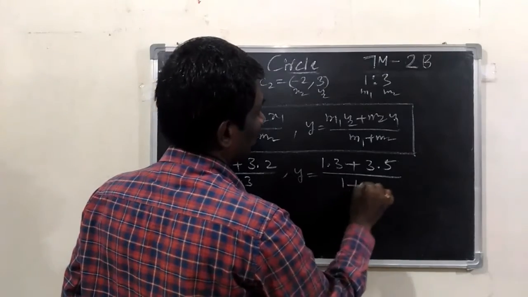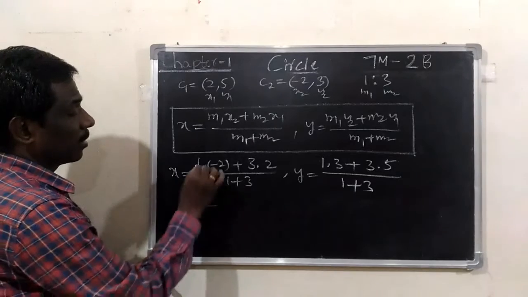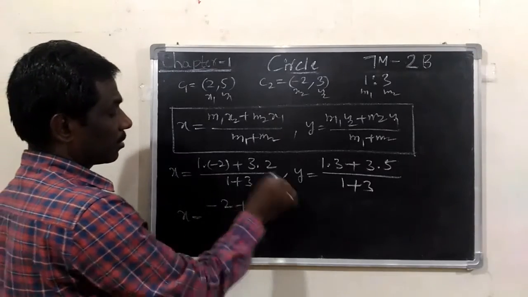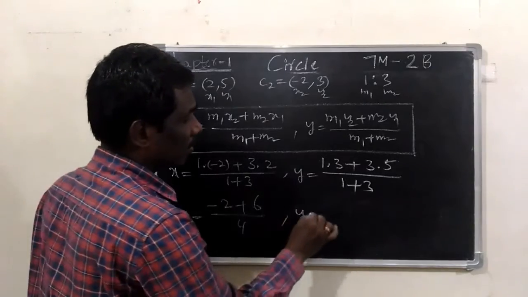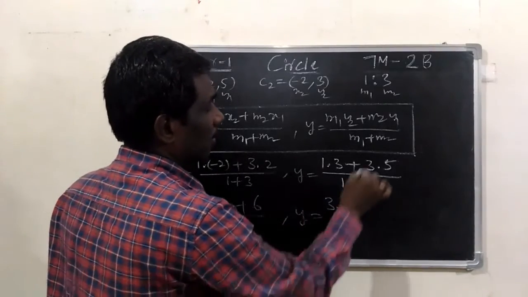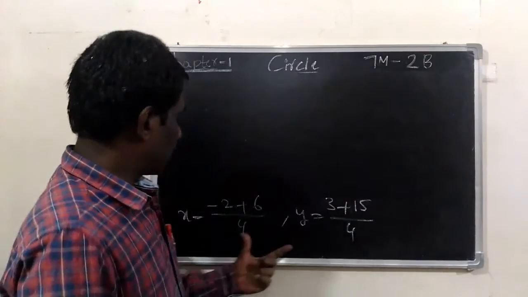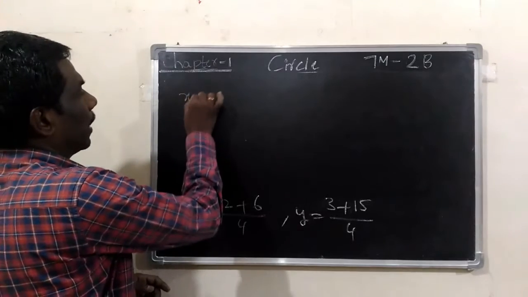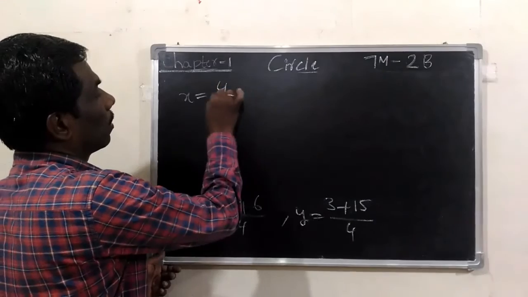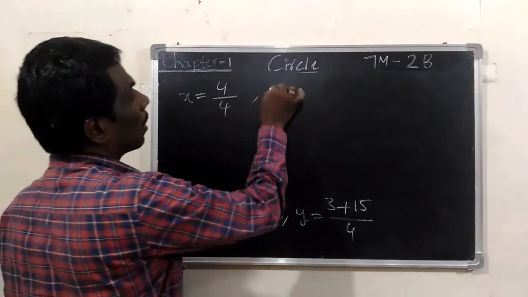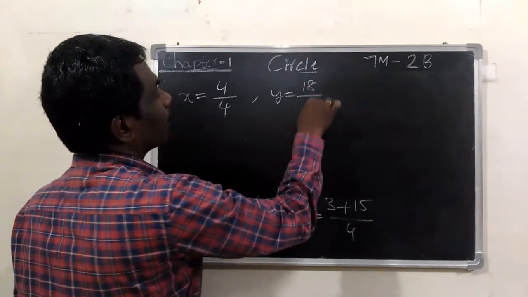So X equals minus 2 plus 3 twos are 6, by 1 plus 3 is 4, comma Y equals 1 times 3 is 3 plus 3 fives are 15, by 4. Now simplify this. X equals (minus 2 plus 6) which is 4, by 4, comma Y equals (3 plus 15) which is 18, by 4.